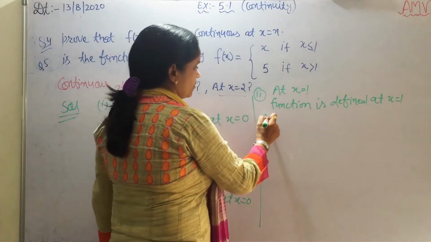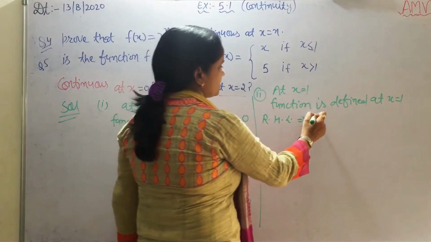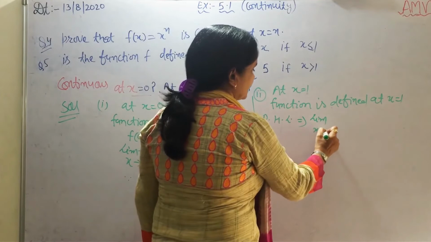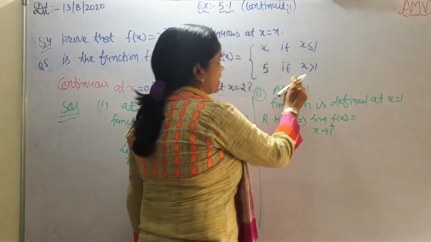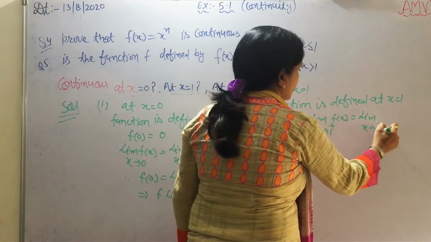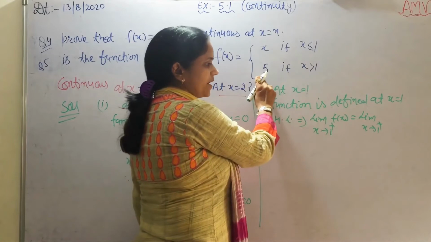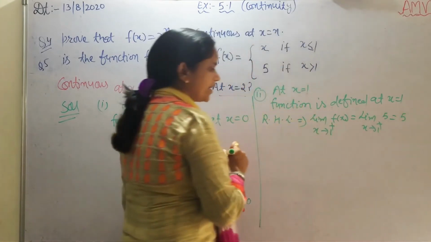So first of all the right hand limit, it is the limit as x tends to 1 plus of f(x). Write 5 here, the limit as x tends to 1 plus, the function is 5. It's a constant function, so the answer is 5.